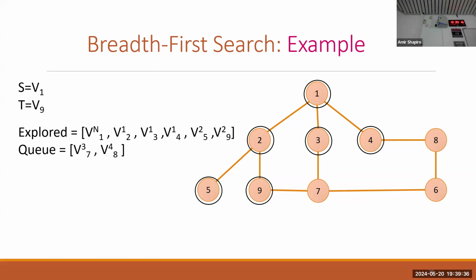So we can go from 9 to 2, and from 2 to 1. And this is the path, the back path. From 9 to 2, from 2 to 1, and we can go in the other direction from 1 to 2 to 9. This is the shortest path to 9.